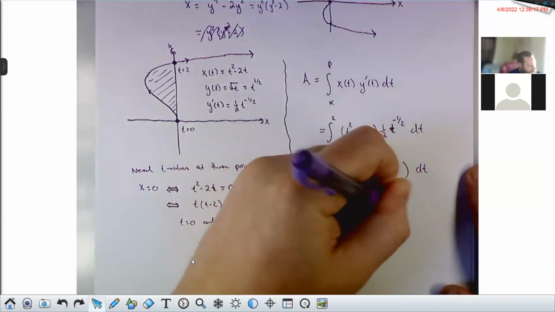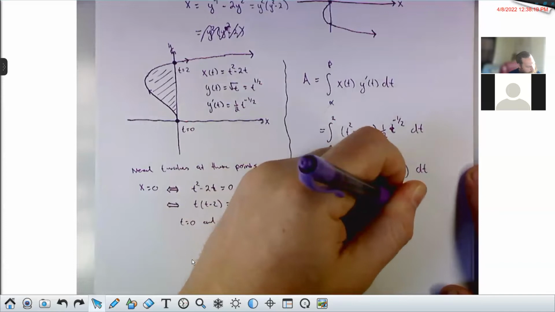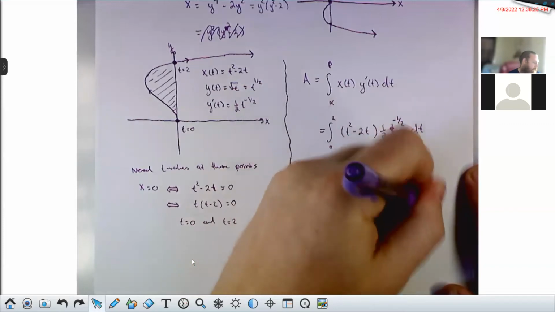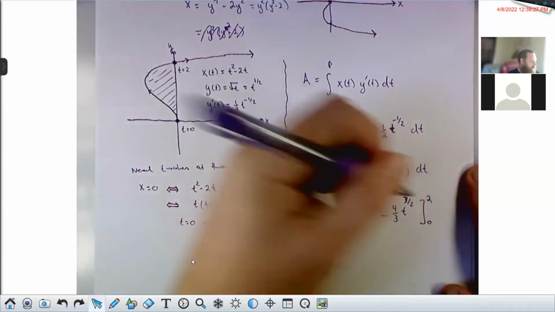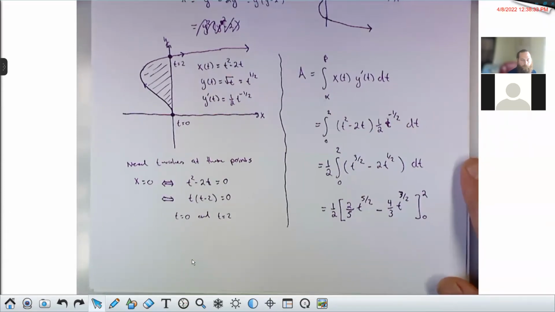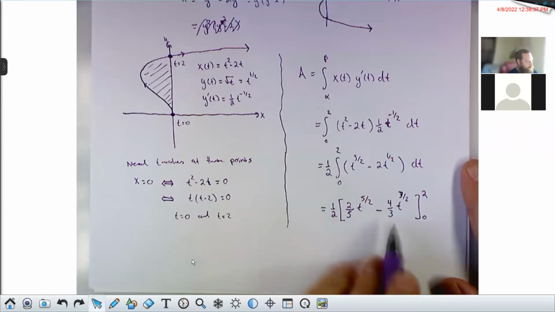So with that 2 there, it's going to be 4/3 t to the 3/2. And we evaluate that from t equals 0 to t equals 2. When you plug in that lower bound of t equals 0, everything becomes 0.